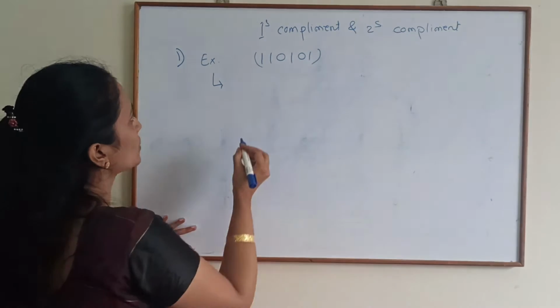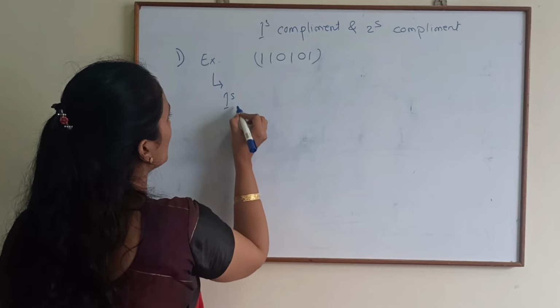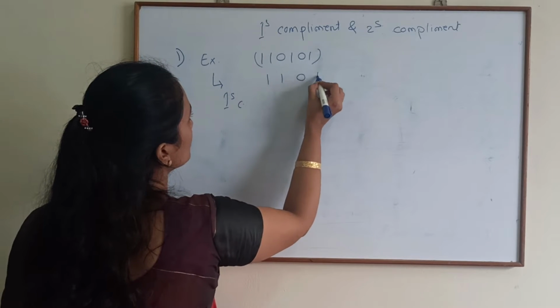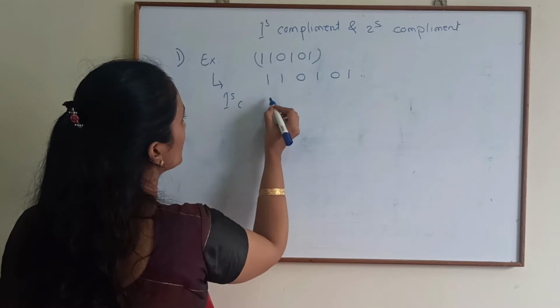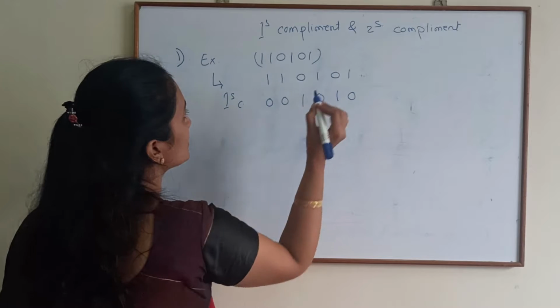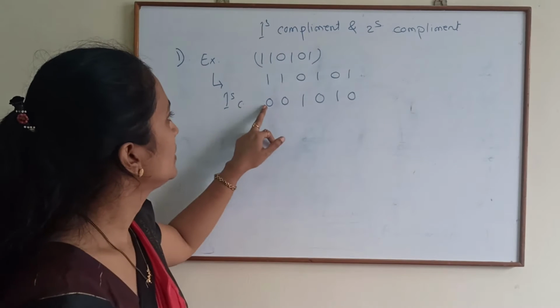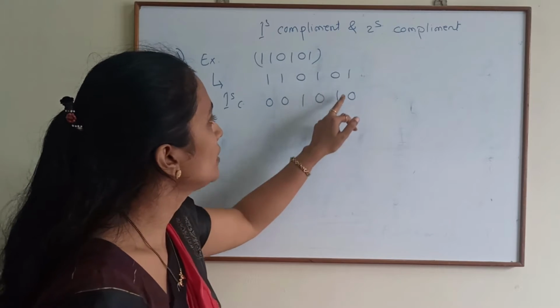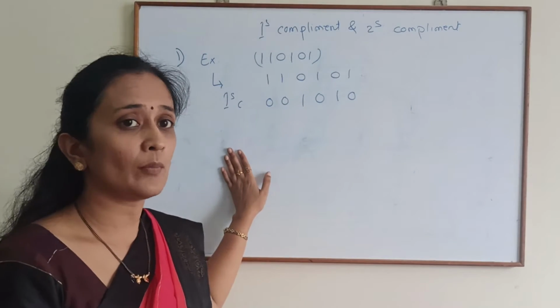How to find out 1's complement? Number is 110101. 1's complement is 001010. 1 will be 0, 1 will be 0, 0 will be 1. This is first complement.